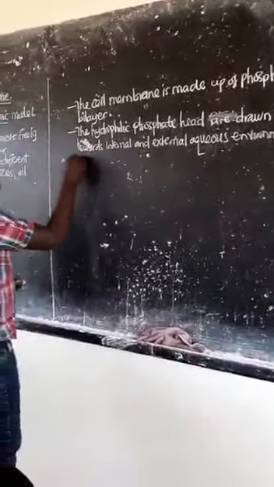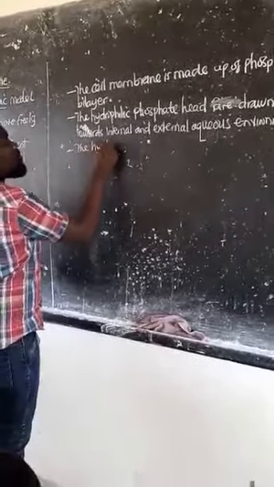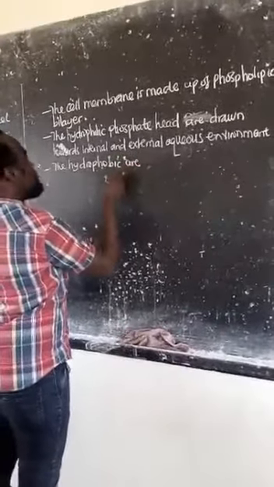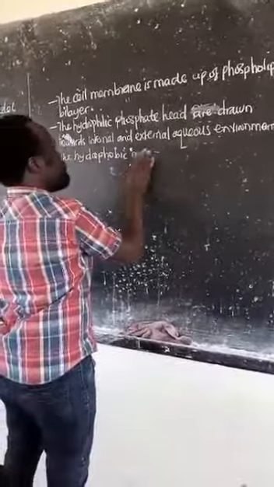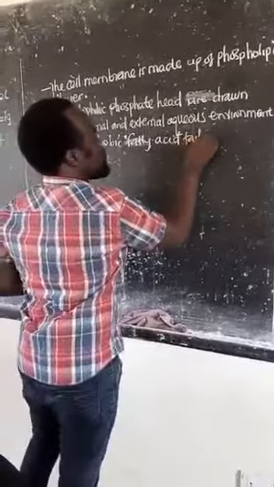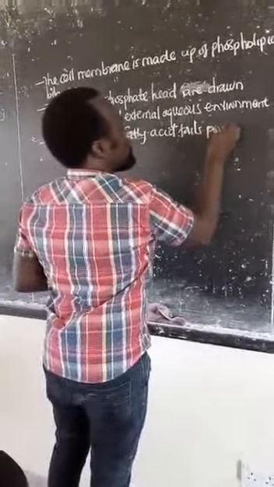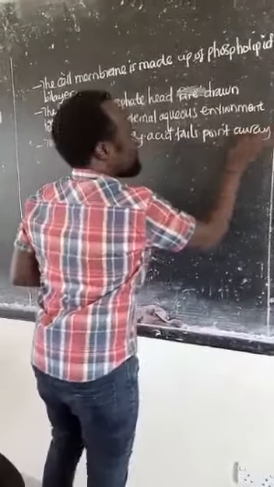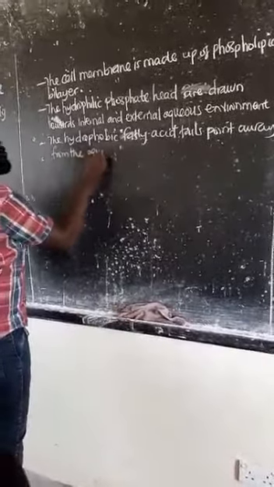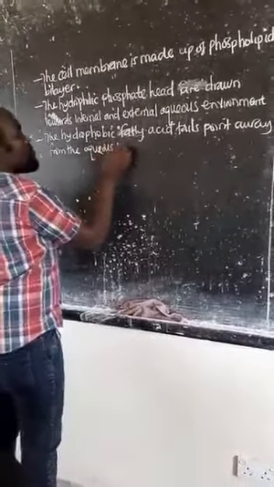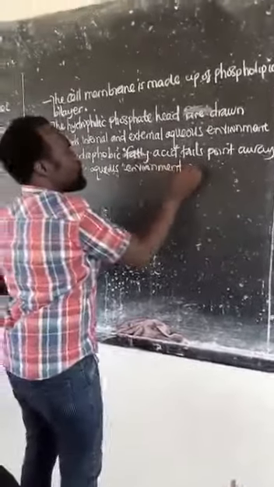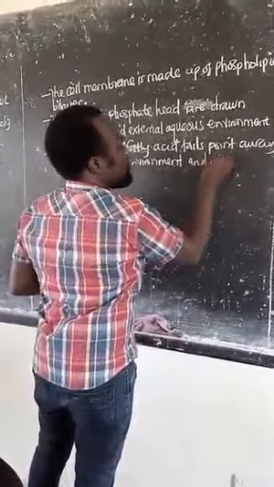Then the hydrophobic fatty acid tails point away from the aqueous environment and create a hydrophobic core.